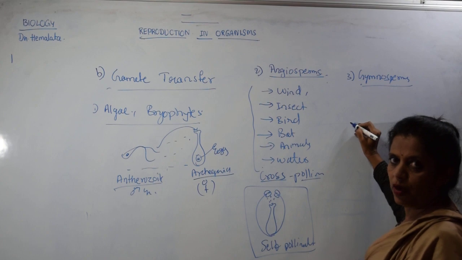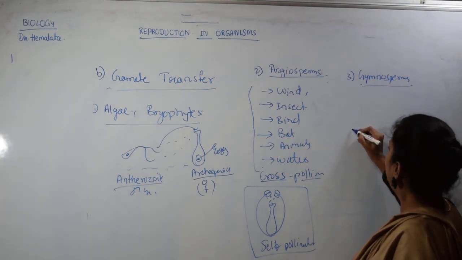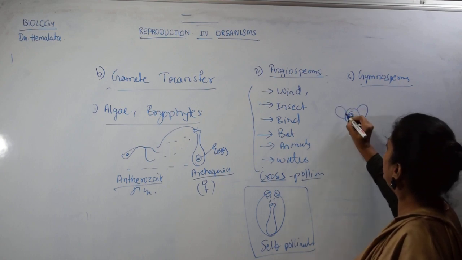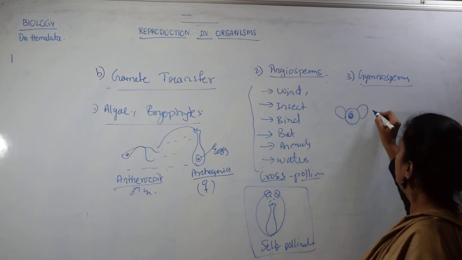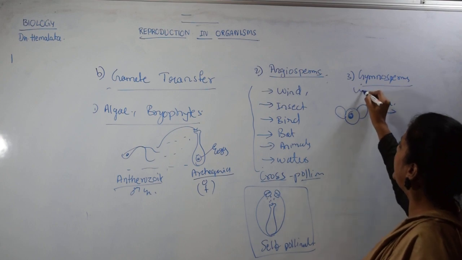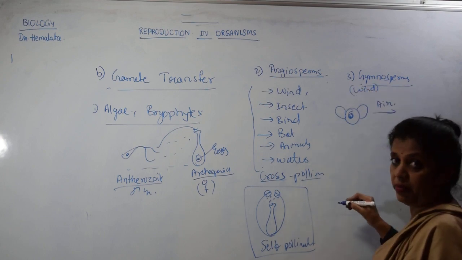The male gametes are formed from the microsporophyll, the sori, with wing-like pollen grains, right? These have air chambers. They fly in air. They are wind pollinated and transfer to the female structure.